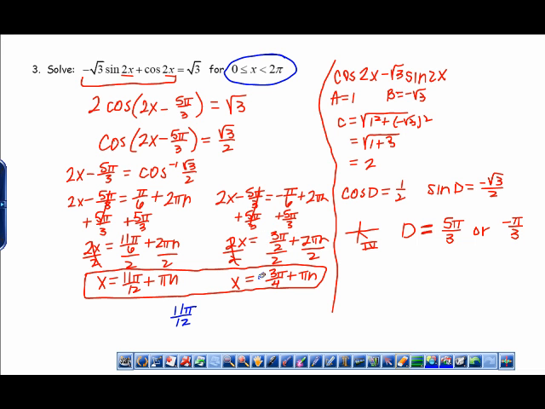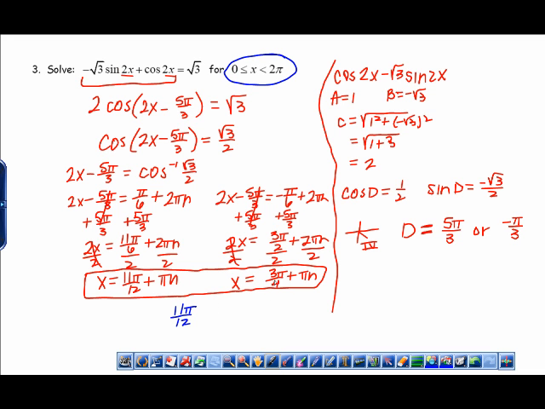I apologize about that. When I added 10 pi over 6, some of you might have noticed and were thinking, Miss Brooks, you don't know what you're talking about. It happens. This is why you always check your work, because it's real easy to make these mistakes. When you add 10 pi over 6, you get positive 9 pi over 6. I wrote a negative there, and that was a mistake. Then I divided by 2. Always check your work.